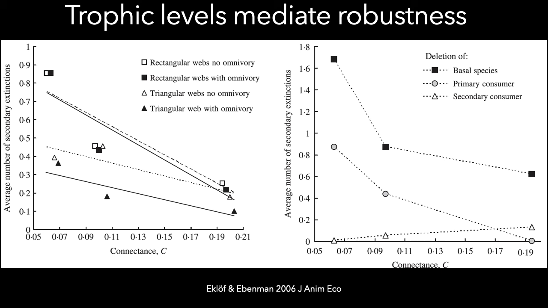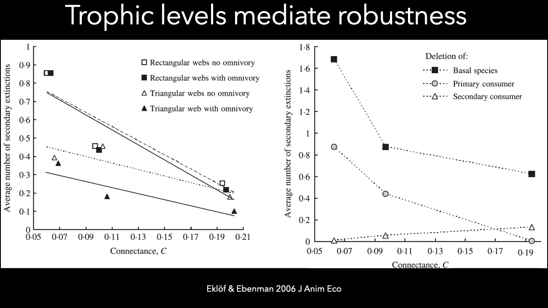That is, species with higher body mass tend to be predators, higher in the food chain. So we can try to understand and generalize the role that trophic level plays in mediating network robustness.